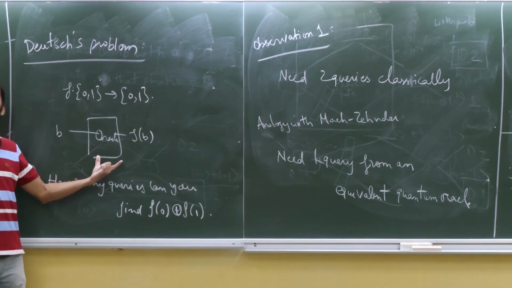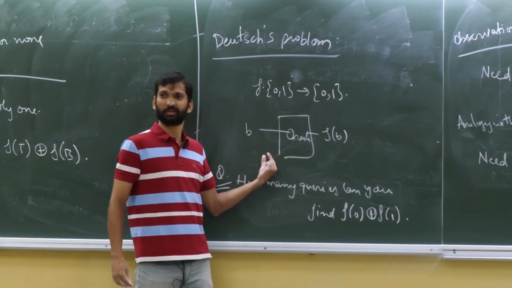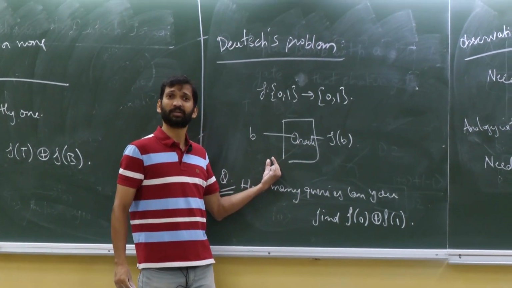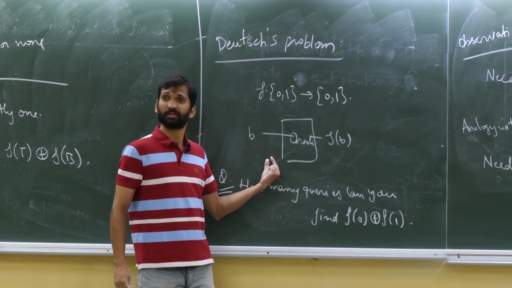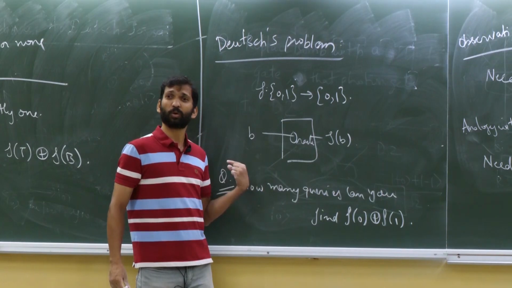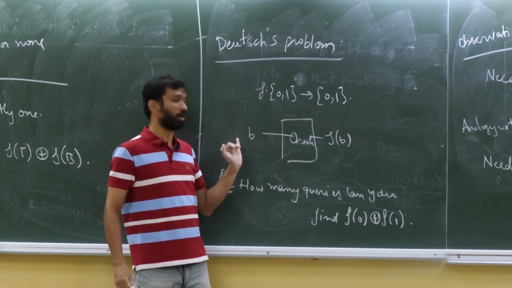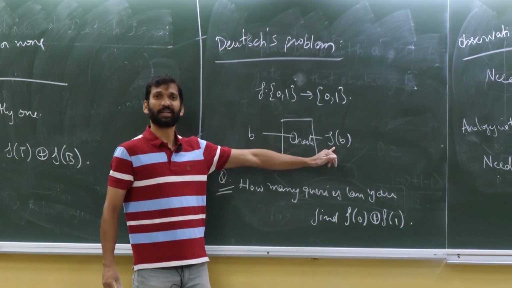So obviously I can't give this oracle to my quantum circuit. Why? Why can't I give this to my quantum circuit? No, but suppose this is my action. On 0, I will get F0.